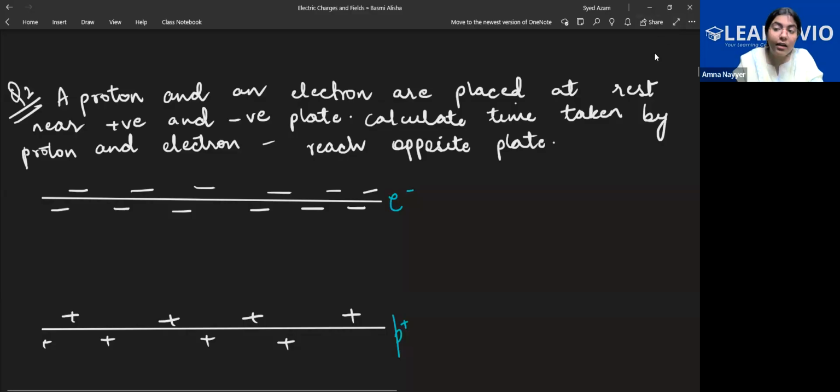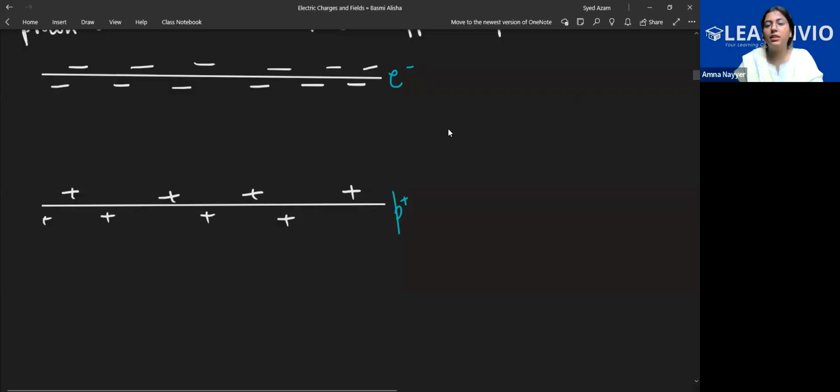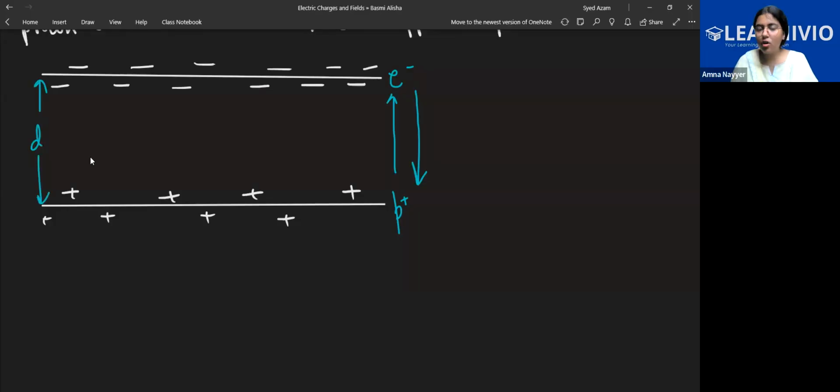You have to calculate the time taken by the proton and electron to reach the opposite plate. See, the proton is positive. It will be attracted towards the negative plate. The electron is negative. It will be attracted towards the positive plate. So when they are traveling through this distance, let's say this distance is small d, they have to cover these distances.